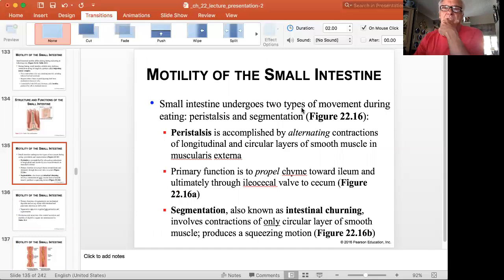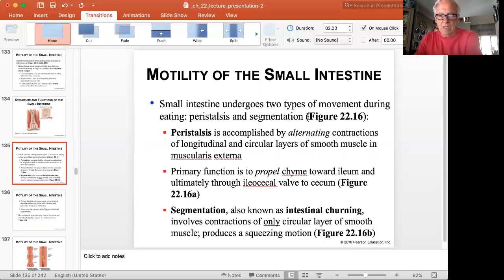Now, what is peristalsis? Peristalsis is the smooth muscle contraction that moves food through the alimentary canal. It involves both the longitudinal and circular muscles. Segmentation is an intestinal churning that involves contraction of only the circular layer of smooth muscle. So peristalsis is circular and longitudinal muscles, whereas segmentation is just the circular muscles.